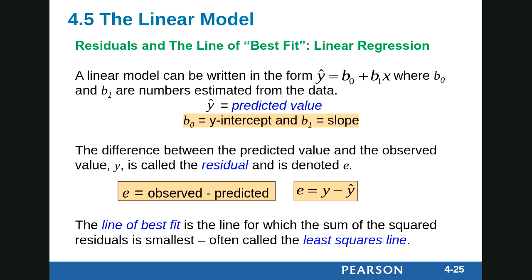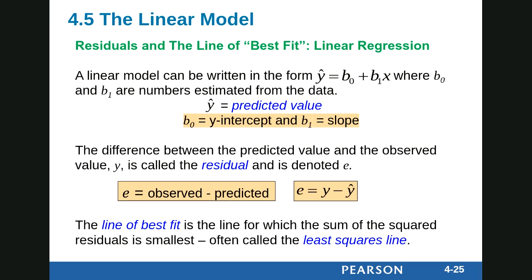It's the line for which the sum of the squared residuals is the smallest. We call it also the least squares line. So again, recalling this method is used because it gives you the least distance from the points to the line. So this least squares line is sometimes called a regression line. And you've heard that before. So regression lines, the line of best fit, using a linear model, they're all the same thing.